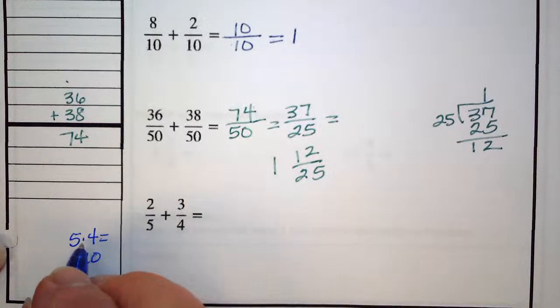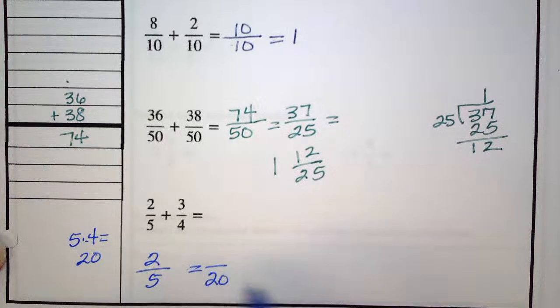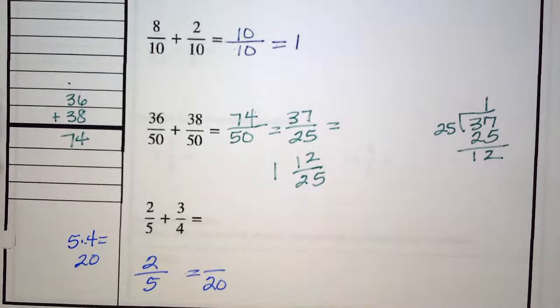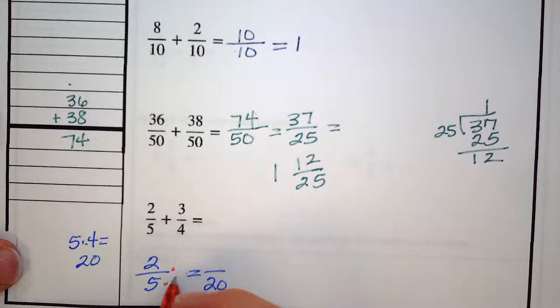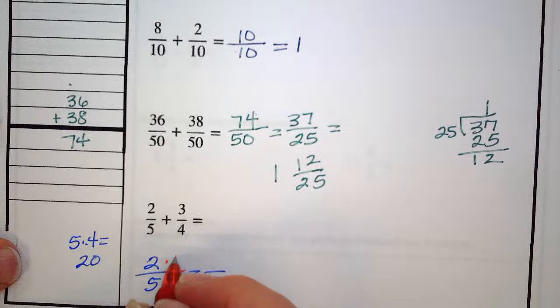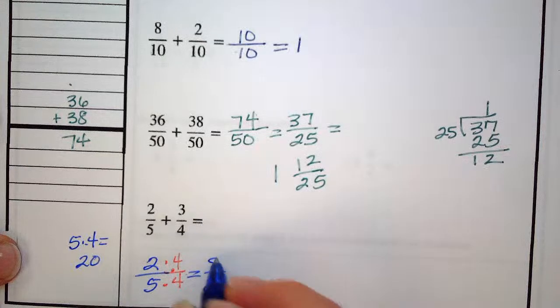That's going to be our denominator. 2 over 5 equals what over 20? Well, I know that I am multiplying this times 4, so up above it's got to be multiplied by 4 also. And this becomes 8 over 20.